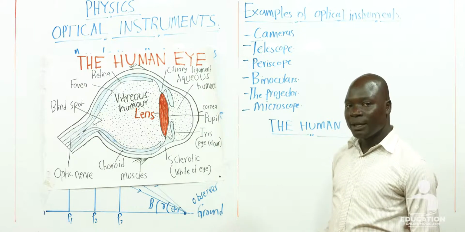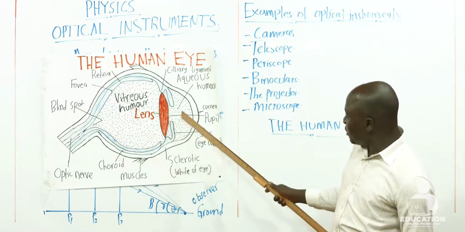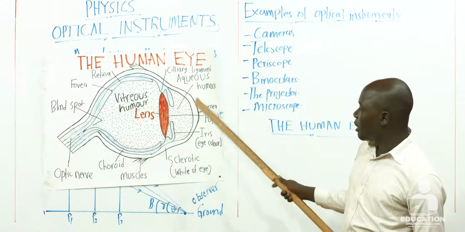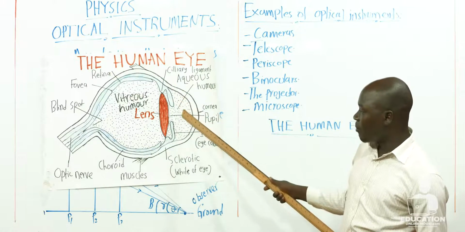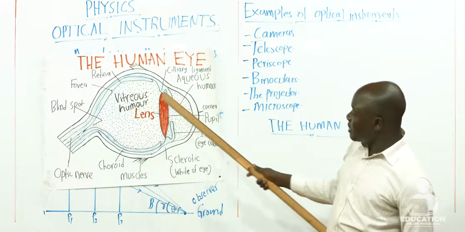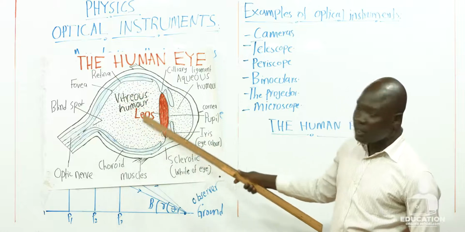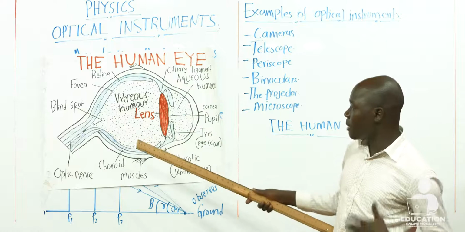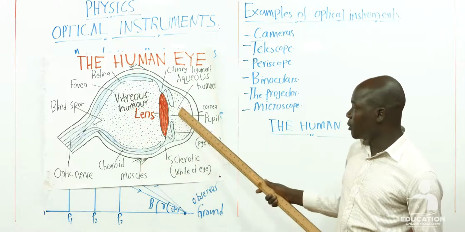One fluid is called the aqueous humor. Another fluid is called the vitreous humor. We know fluids always help to reduce friction.